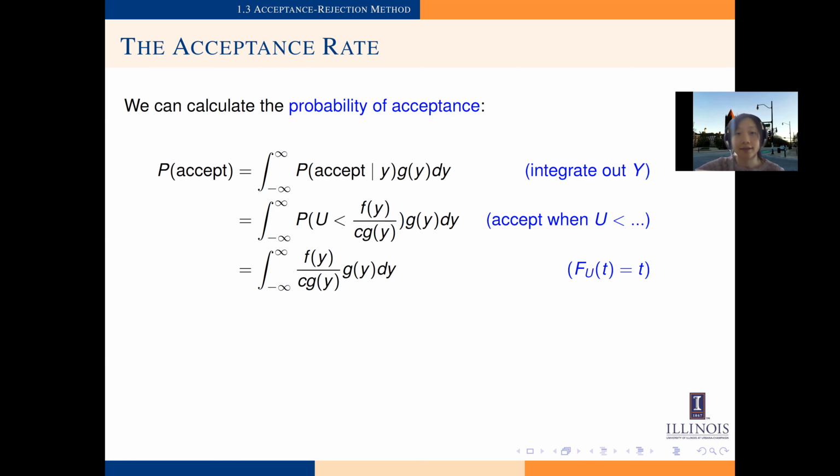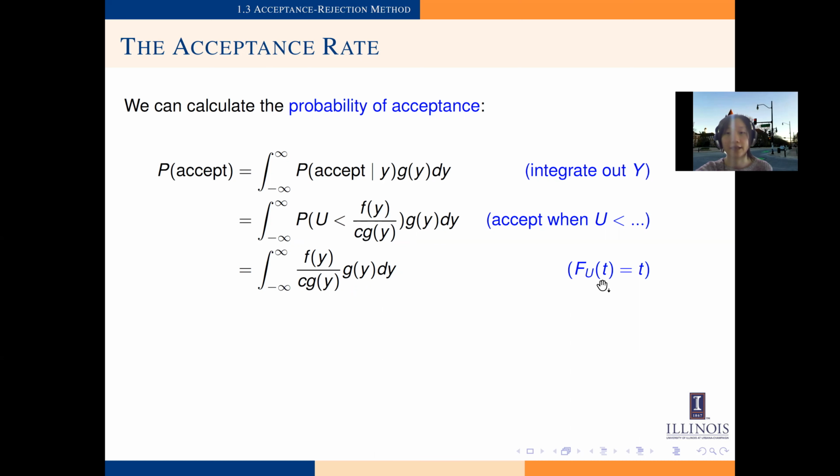And this is equal to the integration from negative infinity to infinity of what is inside the parentheses over here. So f(y) divided by c g(y) times g(y) dy. And this step uses the fact that for the uniform random variable between 0 and 1, the CDF is equal to this thing itself.